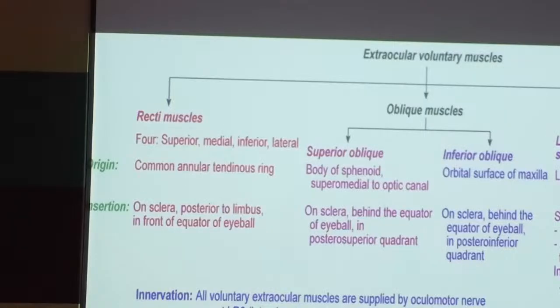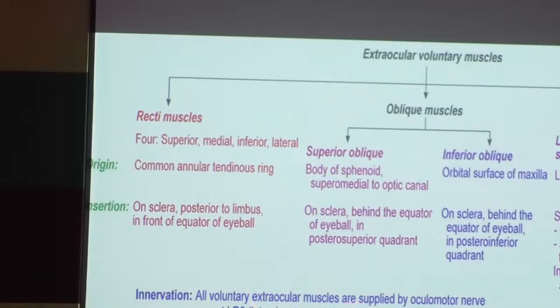Okay, so for a long question you have to write down all these things: origin and insertion of all the recti, oblique muscles and levator palpebrae superioris. And their nerve supply is very, very important. All the voluntary extraocular muscles, meaning those 7 muscles, 4 recti, 2 oblique and levator palpebrae superioris, are supplied by the oculomotor nerve, the third cranial nerve, except LR6.